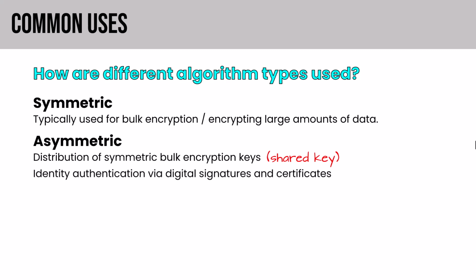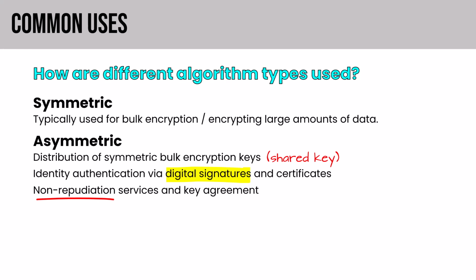It's commonly used in identity authentication via digital signatures and certificates, and for non-repudiation services and key agreement. So in that respect, the two can be used together. Symmetric algorithms can encrypt large amounts of data much faster than asymmetric, but an asymmetric algorithm can allow us to distribute that shared key securely to large numbers of parties.